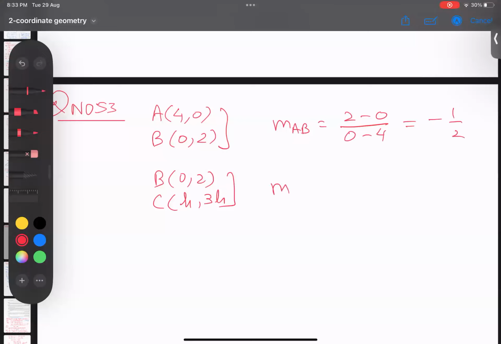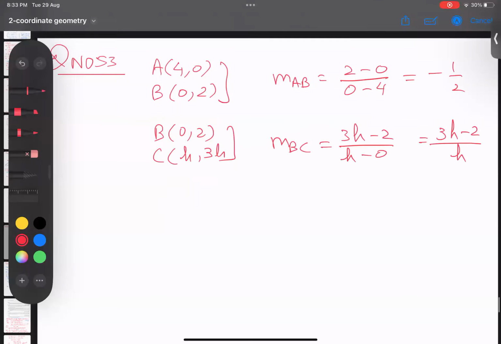Now the gradient of line BC: y2 minus y1 over x2 minus x1, so (3h minus 2) over (h minus 0). Finally I get (3h minus 2) divided by h.